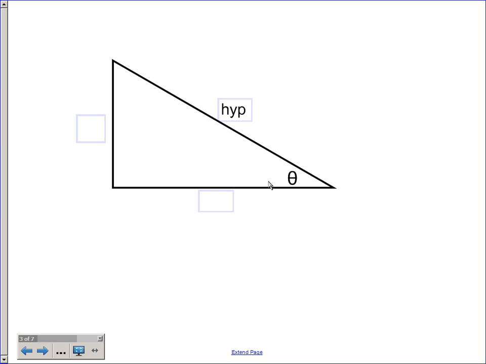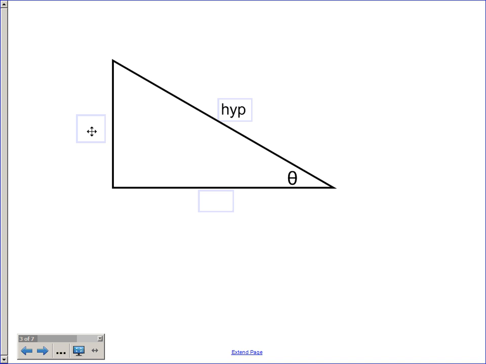Once I've labeled my hypotenuse, I want to differentiate my legs somehow. One way we've done that is long leg and short leg. But more commonly, when you're talking about trig, you talk about the leg in terms of the angle that's given. In terms of this angle theta that I know, I have a side that's next to it, and I have a side that's far away from it.